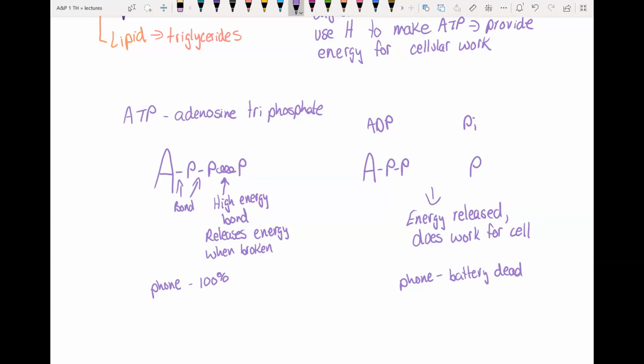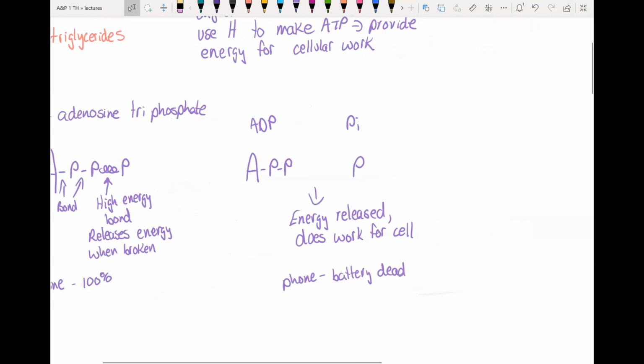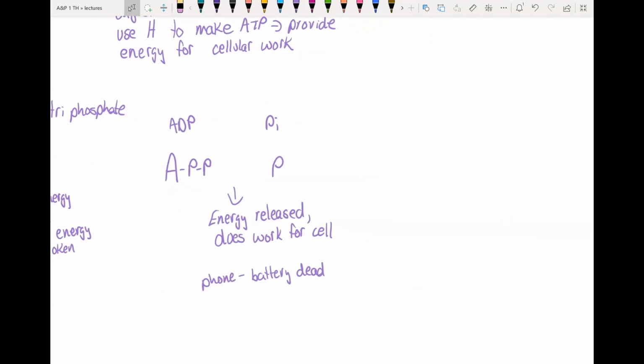That's what your body does with the ADP. You're not just going to throw it away, you just recharge it. So all you do is reattach that P. You create a new high energy bond and you reattach it. It's just like plugging your phone in and recharging the battery.